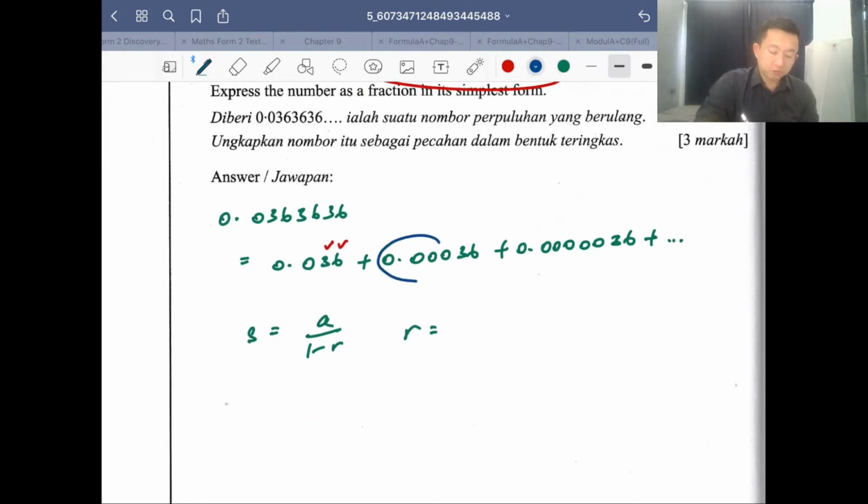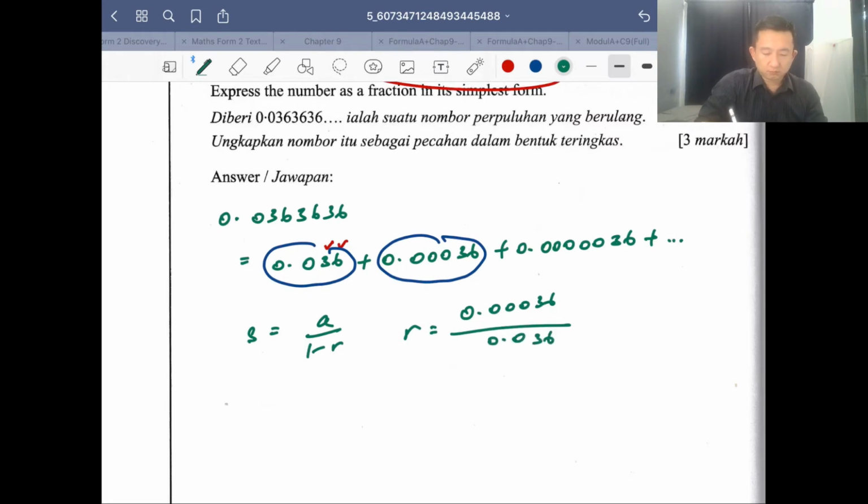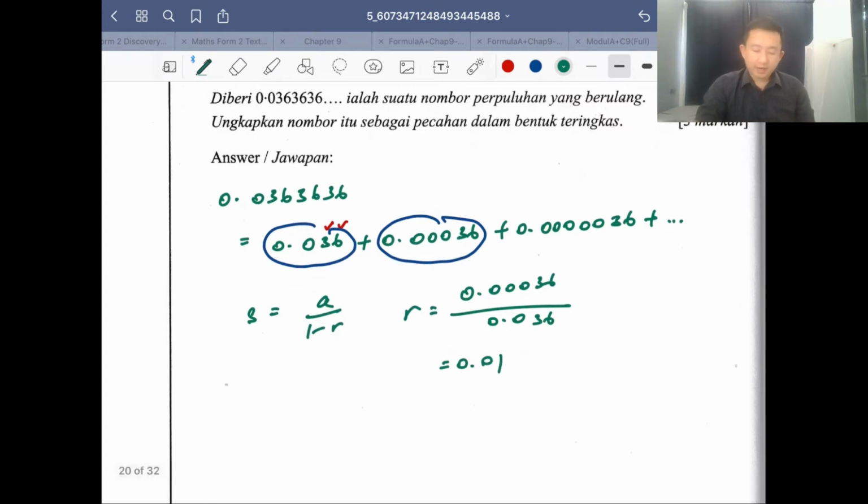You can use this one, divide by this, right? T2 divided by T1. This is your r.